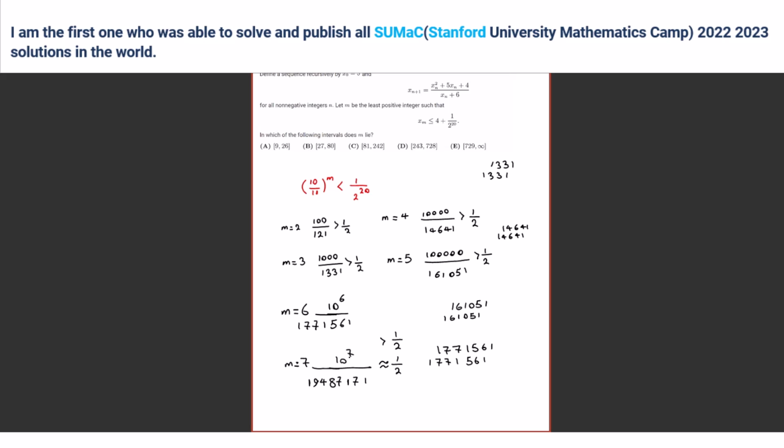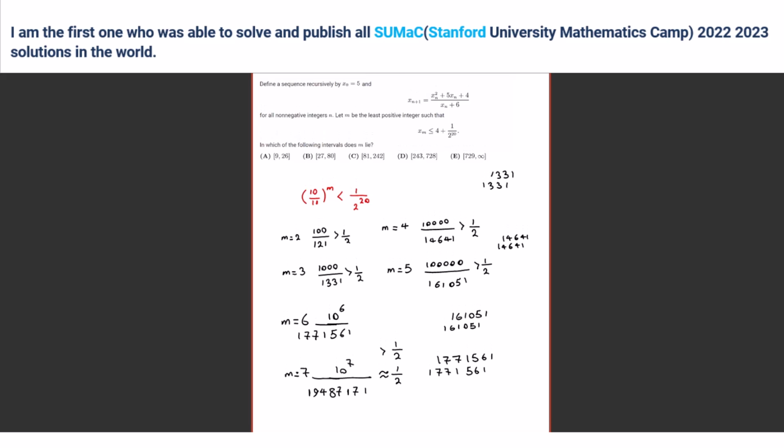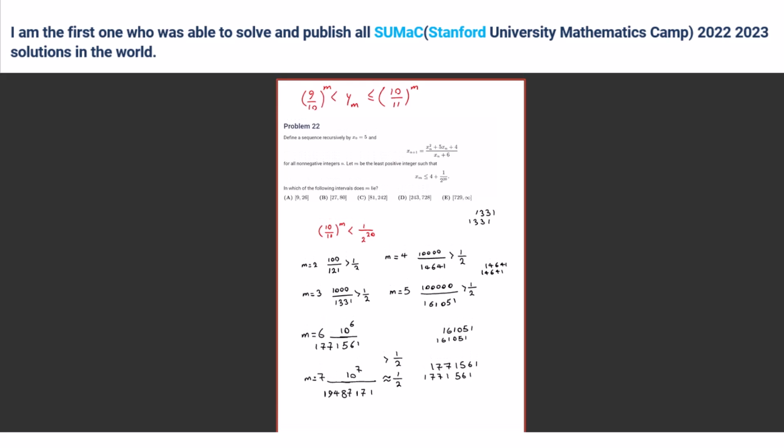Okay, so can you approximate m? It's like 140. You should multiply by 20. Can you tell me which choice is good?